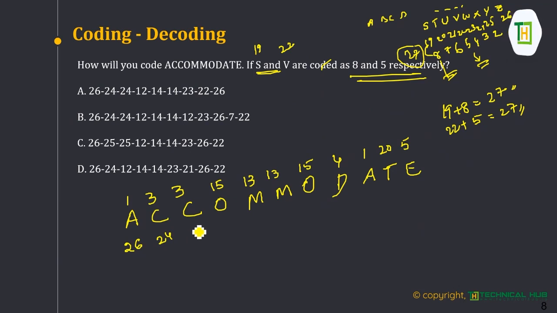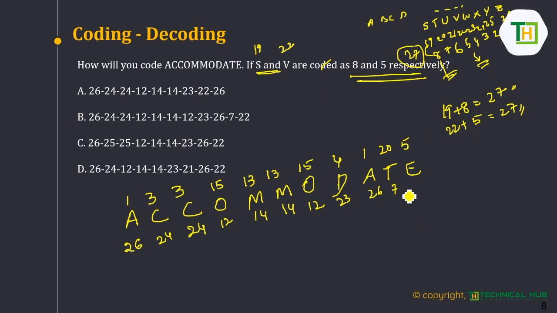Again C is 3, adding 24, sum is 27. O is 15, adding 12, so the sum is 27. M is 13, adding 14, and again 14. O means adding 12. D is 4, so adding 23 gives 27. A is 1, adding 26. T is 20, adding 7.